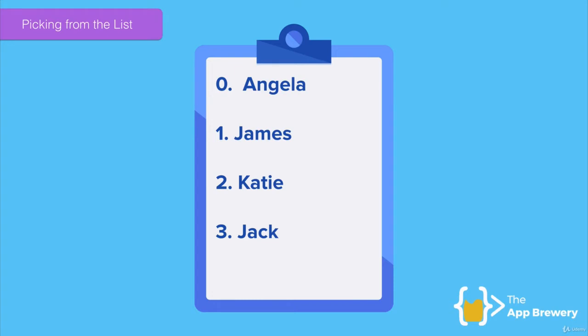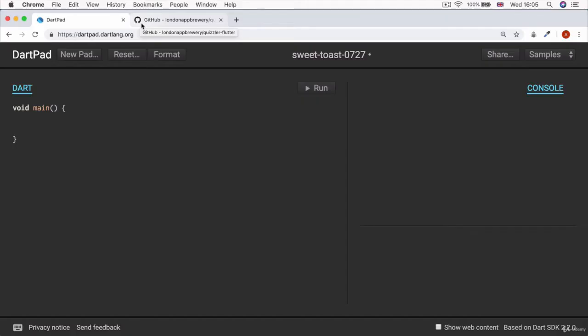In this case, Angela is at index 0 and Katie is at index 2. And it's a little bit counterintuitive because the list starts from 0. So if we were to pick the third from the list, it's not 1, 2, 3, but it's actually this one. We can see how this works using Dartpad.